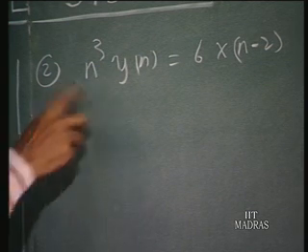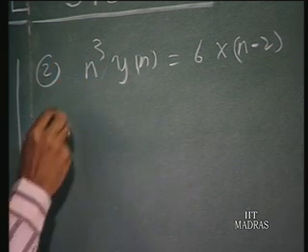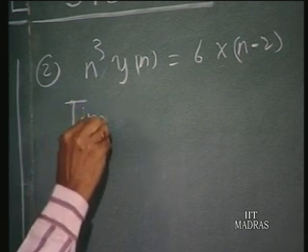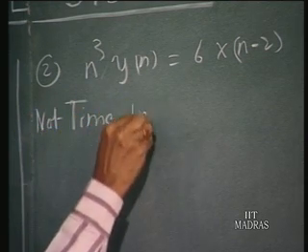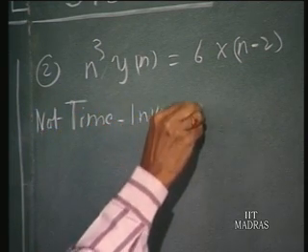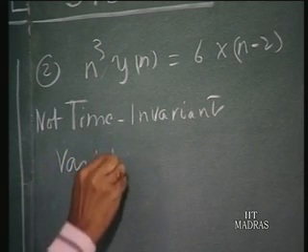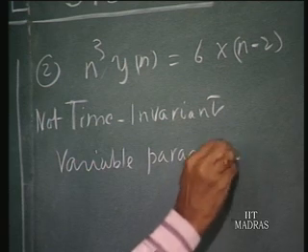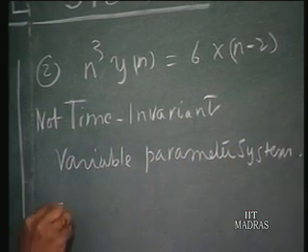So this is a variable parameter system, because the coefficient of y[n] is not a constant, it is n cubed. This is a variable parameter, so time variable, not time invariant. We may say this is a variable parameter system. However, the system is linear.